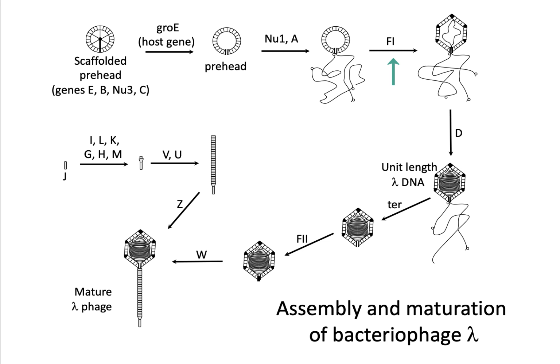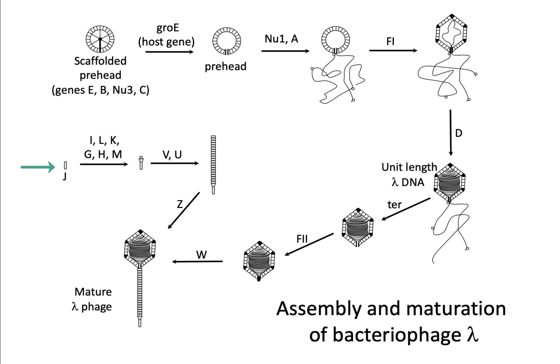And then F1 changes the conformation of the head, and eventually you have the termination protein acting on that, just removing the rest of the DNA from the opening in the head. F2 plugging the end, and then the W protein then attaching the tail to the head.